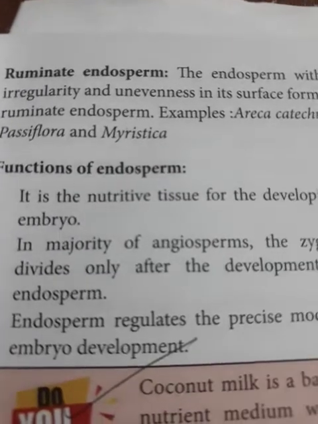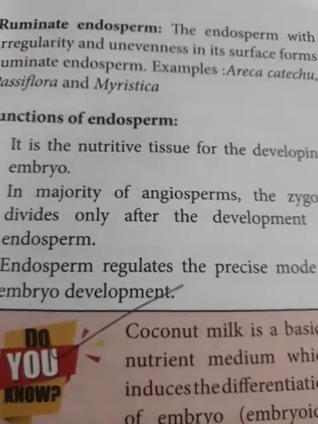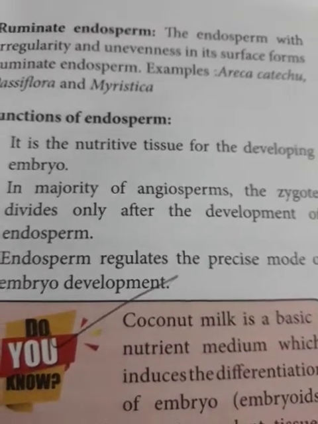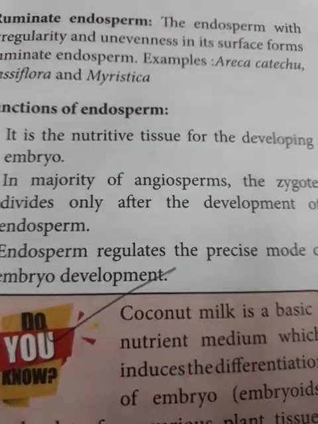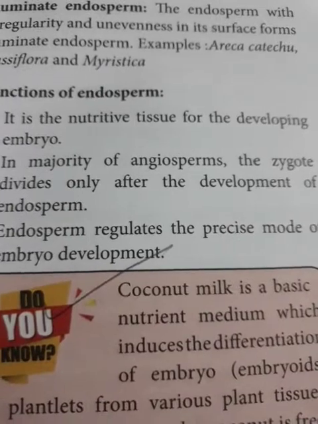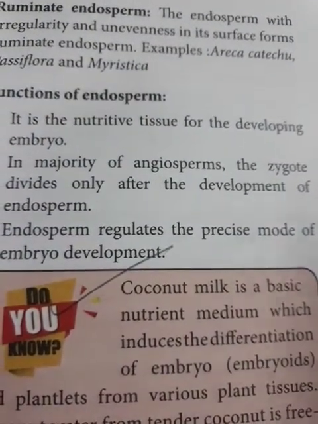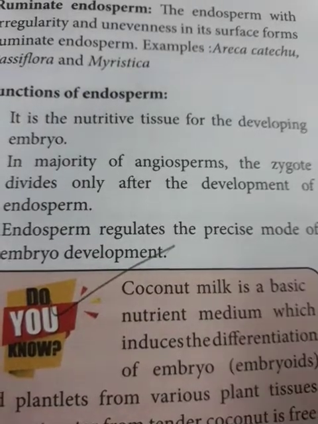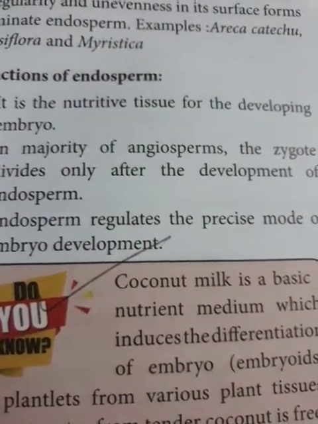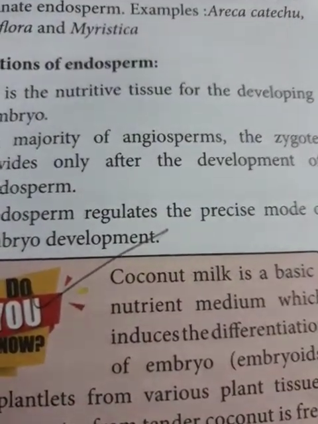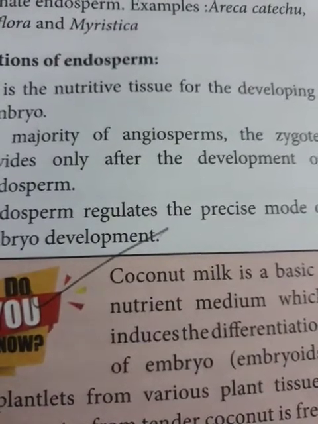Now, what are the functions of endosperm? First, it is the nutritive tissue for the developing embryo. We have discussed that many times already. Second point, in the majority of angiosperms, the zygote divides only after the development of endosperm, because the zygote means the developing embryo.